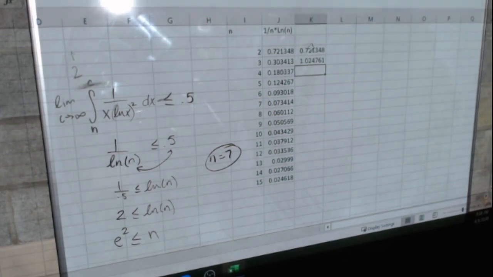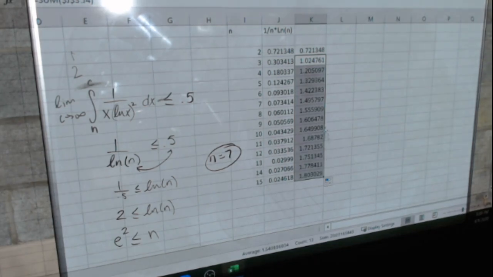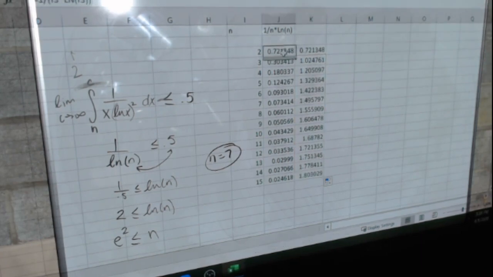Okay. So let's see if it just does it with 1. It's smart enough to pick it up. Yeah, I do need n squared. I keep doing that. I keep putting the wrong thing in.